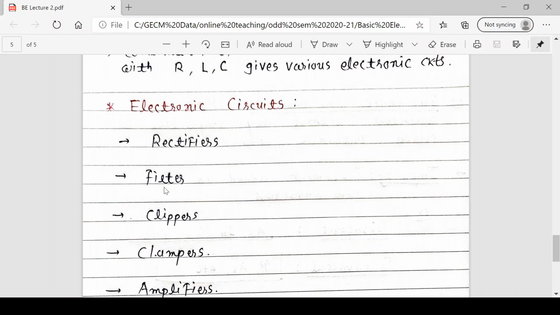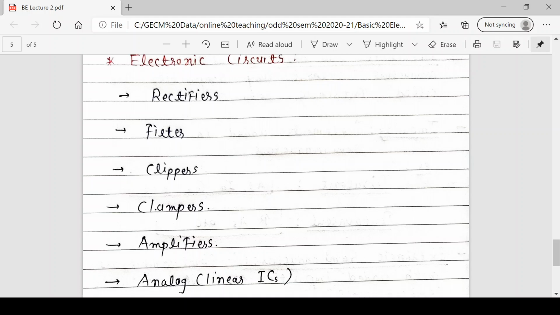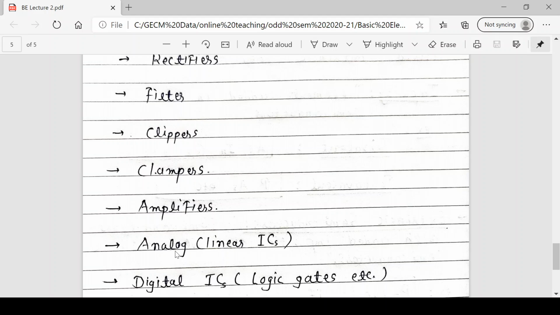Filter is a basic requirement for audio and video applications. Nowadays we are using digital filters, but the basic one is the analog filter. Then clippers and clampers, which are somewhat new for you; both terms we will discuss in that chapter. Then the amplifier is a famous word for you, which is very much used in digital Dolby sound applications as well as your mobile phones.